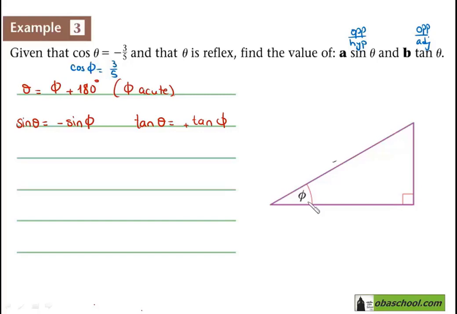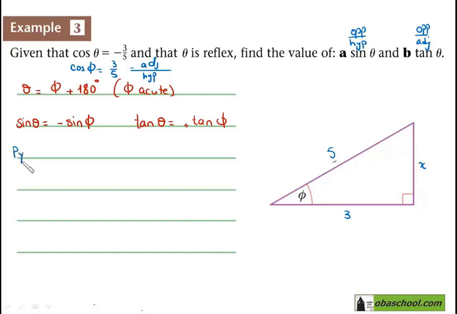Cosine phi is 3 over 5, so the adjacent is 3 and the hypotenuse is 5 because cosine is adjacent over hypotenuse. Now look at this side here. We will name it x. To get the remaining values, we need to calculate the value of x.